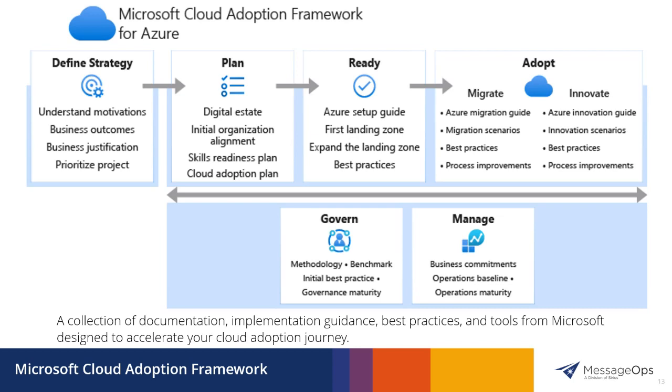Now, Chris Johnson, I can't remember the last time I checked, how many pages was this Cloud Adoption Framework? I think it was 938 the last time I looked, about a month ago. But by the way, it could be bigger than that now. Yeah, last time I saw it was around 900 pages. Now, we don't expect every end user to understand those 900 pages. That's the job of what we do here at MessageOps and Sirius.